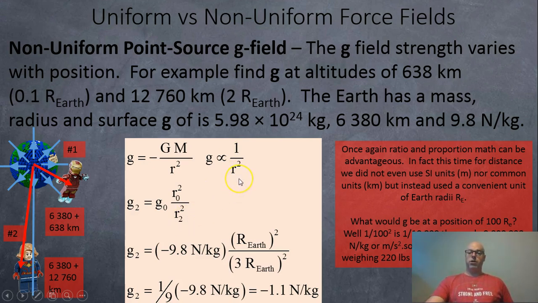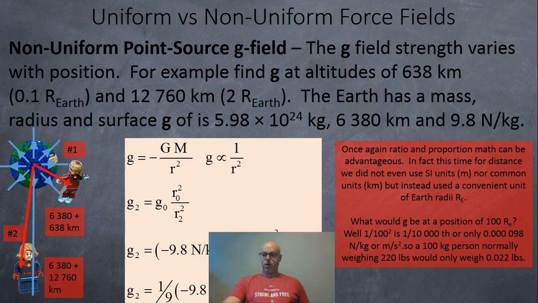The original numbers do the inverse of that. So if r is on the bottom here, then r up top would be the inverse of that, r0 squared. And we get negative 9.8 newtons per kilo times 1 Earth radius squared divided by 3 Earth radii squared. And we get 1/9 of our gravity, negative 1.1. So there you go. As you can see, that's how it works.